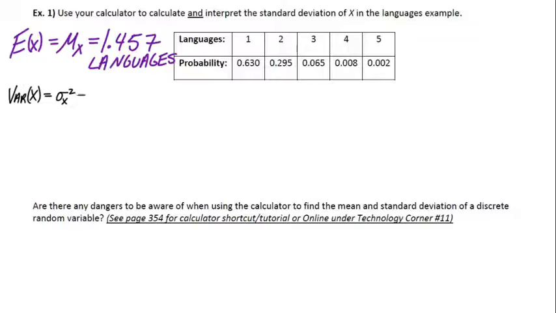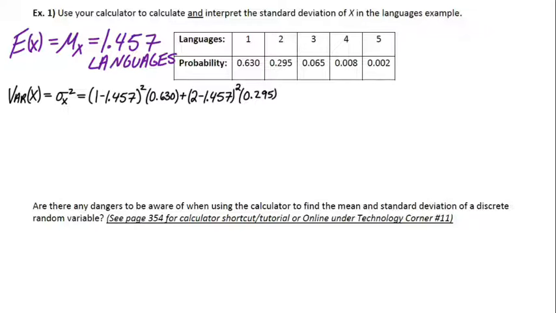Okay, and let's start with 1. The first case, kid that speaks 1 language, subtract the mean, square that difference, and then multiply it by its probability, which was 0.630. Okay, now we're going to add in the same thing for two languages. So start with 2, subtract the mean again, square that difference, and then multiply it by its probability, which was 0.295.